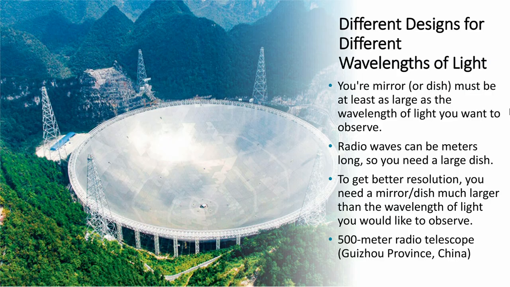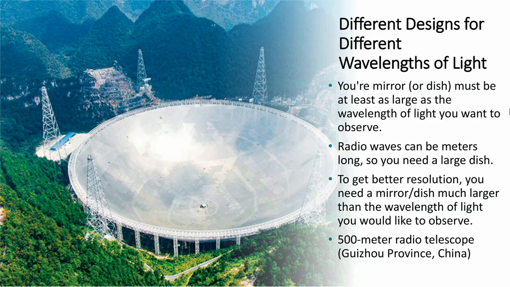But when we're talking about radio waves, you could be trying to study radio waves that are meters long. And so you need to design a system that's bigger than meters long. And if you want better resolution, your telescope has to be several times bigger than the wavelength of light you're trying to study. So when we're trying to study radio waves, we need these huge dishes to collect those radio waves.